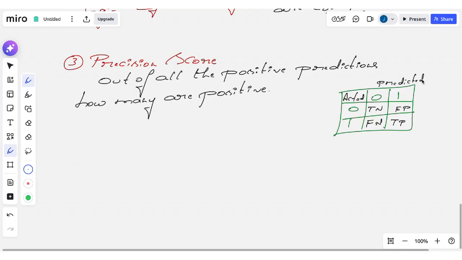Positive predictions should be positive, should be one. Okay, then it will not be true or false. Before, you were asking for true positive, I think. No, I asked the same thing. Positive predictions.